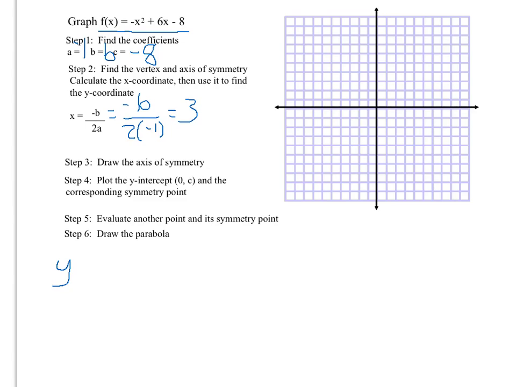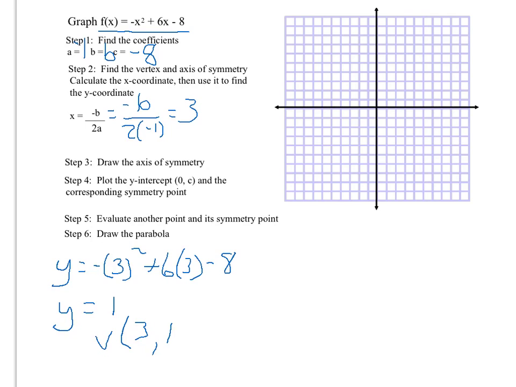So we have y equals the negative of 3 squared plus 6 times 3 minus 8. And that winds up giving us a y coordinate of 1. So we have our vertex. It's at 3, 1. The vertex is at 3, 1.